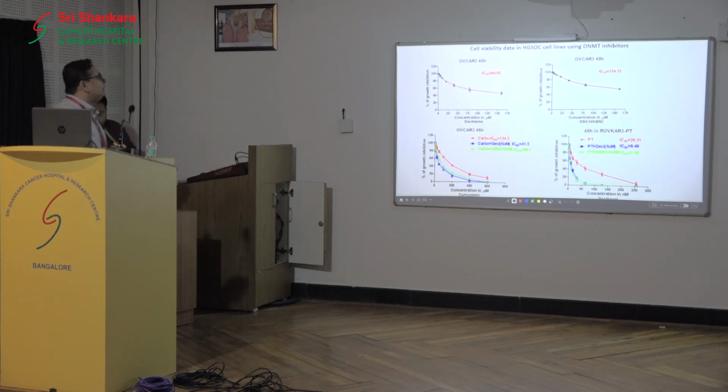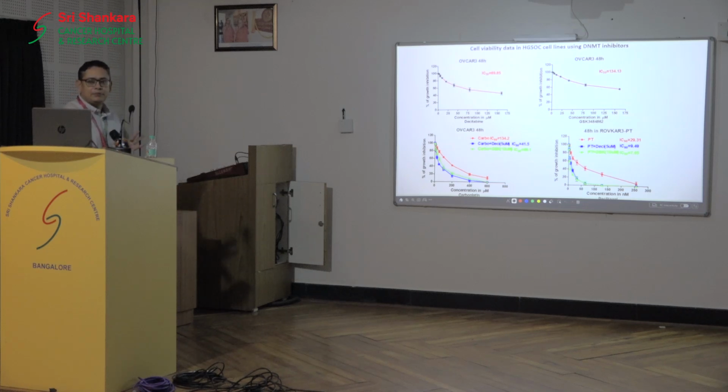Then we checked with a cell viability assay in the cell line with DNMT inhibitors, where we are using two types of DNMT inhibitor. One is decitabine, another one is GSK3685032.